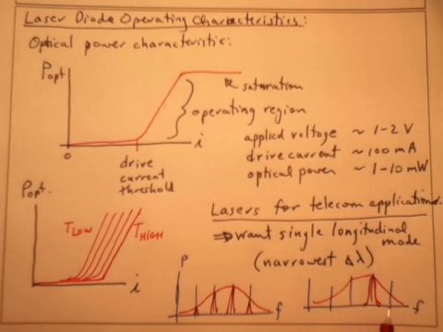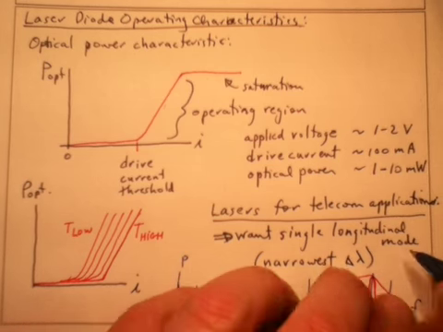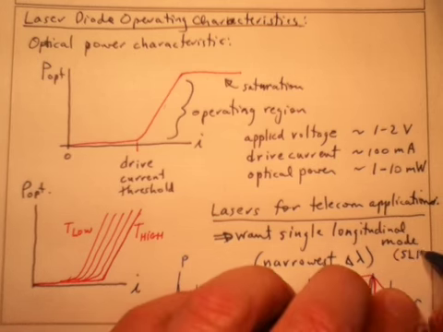We give some sort of a structure so that only that one longitudinal mode will actually propagate within the structure. Essentially we put a grating over top of it. You can think of it as making it so that the mirrors themselves are only reflecting at one of those wavelengths. And so these are called SLM lasers, single longitudinal mode or single mode lasers.